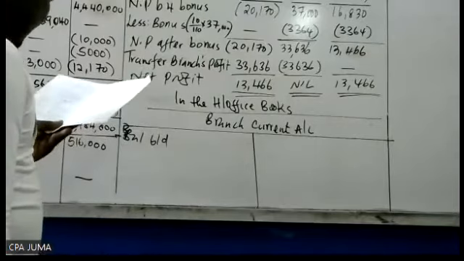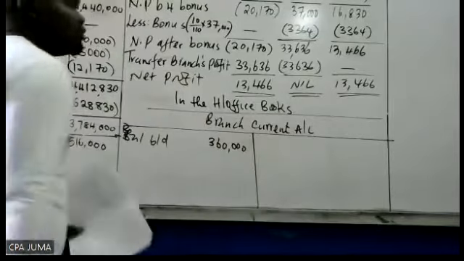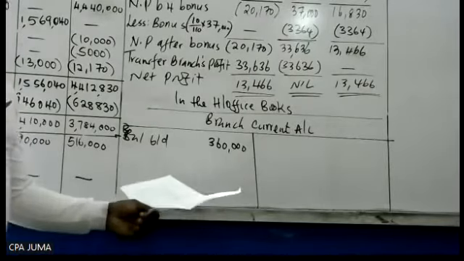Balance brought down is how much? 360. So add that to 60.